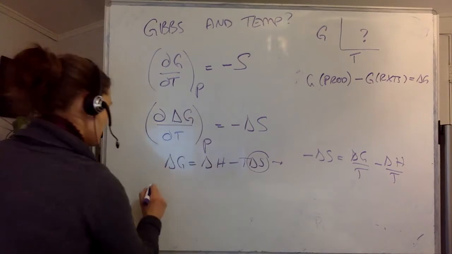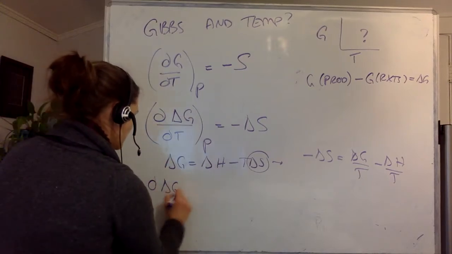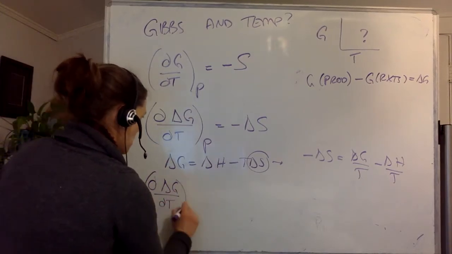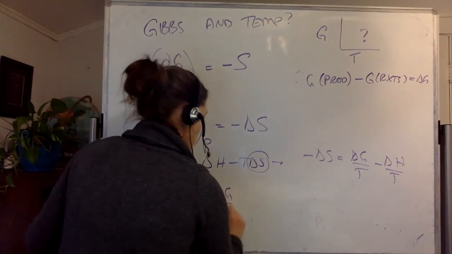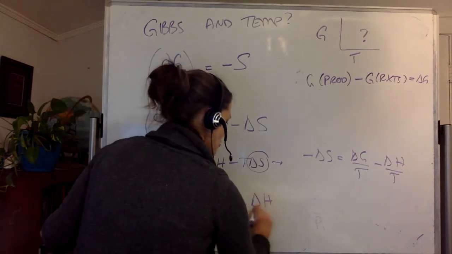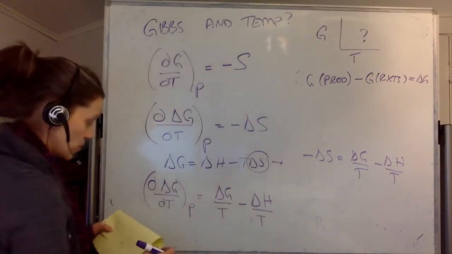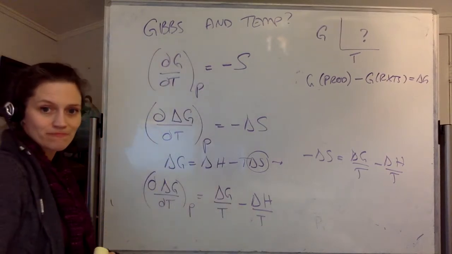All right, so this tells me then that partial delta G partial T at constant P is equal to delta G over T minus delta H over T. And I think I'm off by negative. Nope, I'm good. Go team.